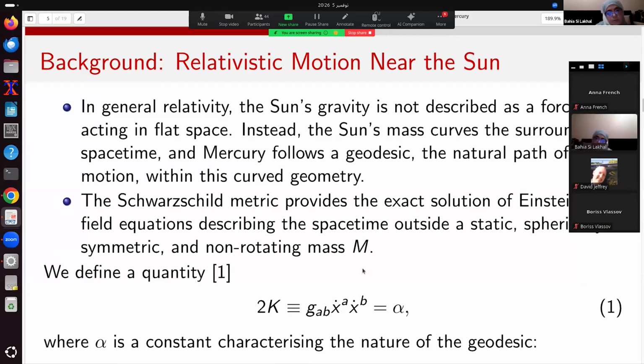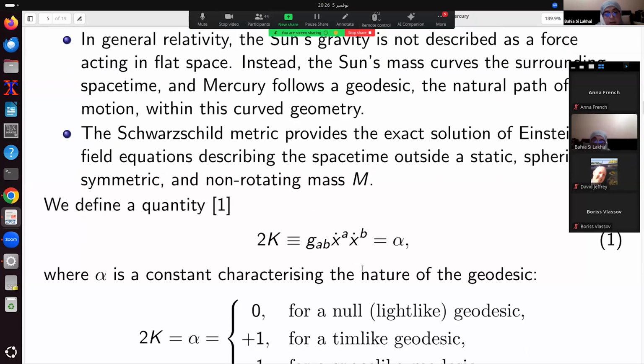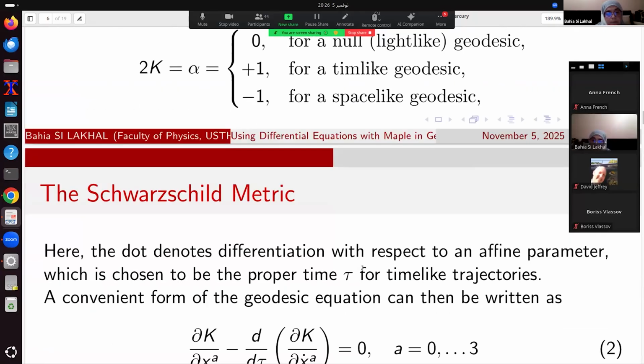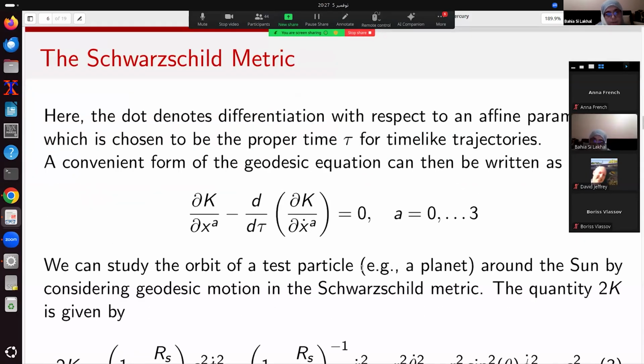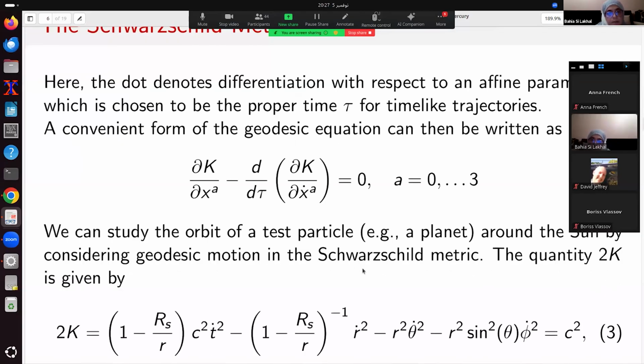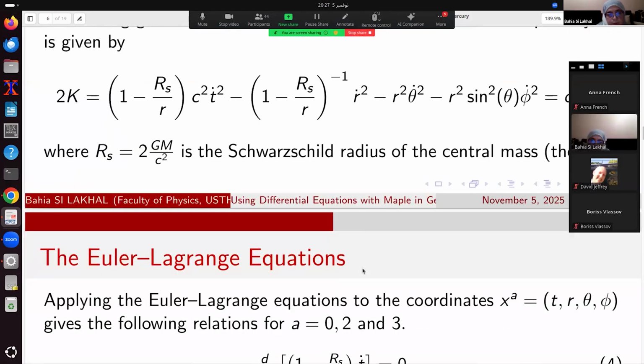As I said, I will use the Euler-Lagrange formalism to find the orbital equation. We define a quantity 2K, which is a Lagrangian-like quantity, and write the Euler-Lagrange equation by solving the Lagrange equation for the variables t, theta, and phi.